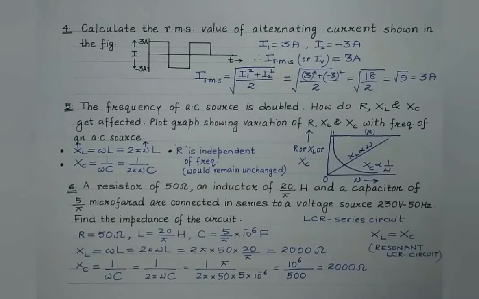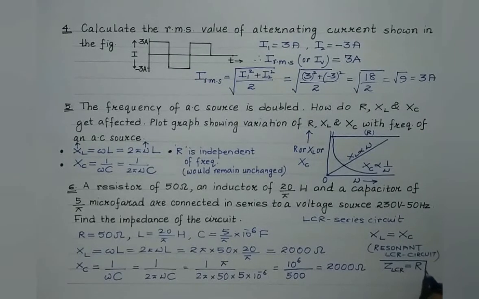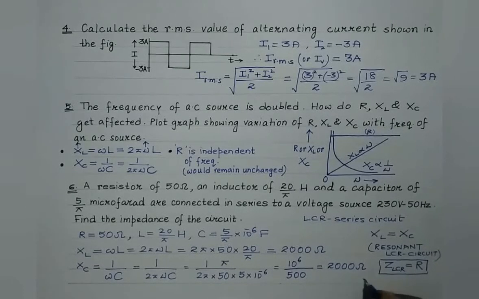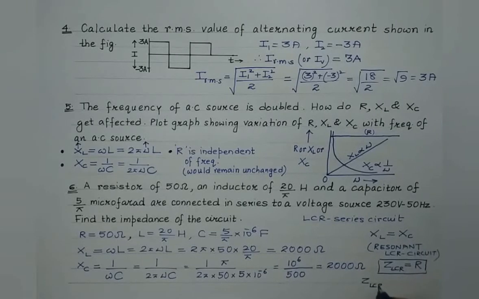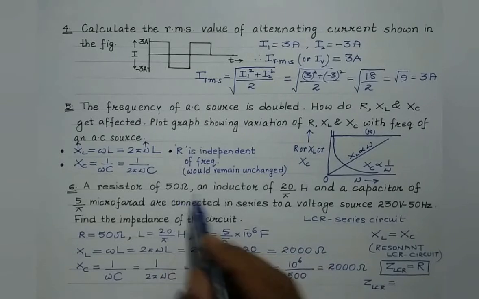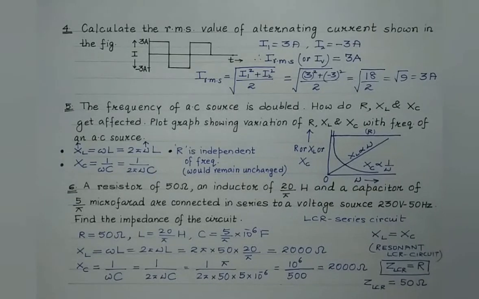And in the case of resonance, ZLCR, the impedance is minimum and it is equal to the ohmic resistance. This we are already aware, isn't it? So, ZLCR in the present circuit would be simply equal to the ohmic resistance, which is given to be 50 ohm. So this should be the answer, right?